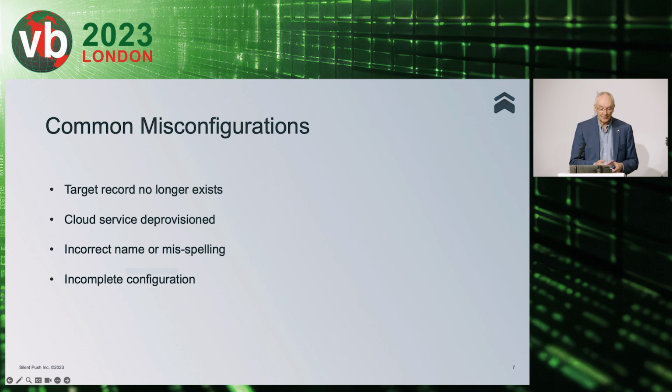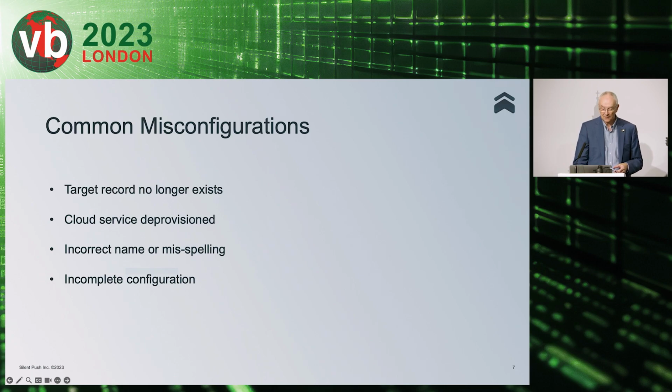So that could happen if someone is doing it manually as well. Just forget to go back when configurations change. Simple things like using the wrong names or even spelling them wrong, that's very common, and probably more common than a lot of people think.